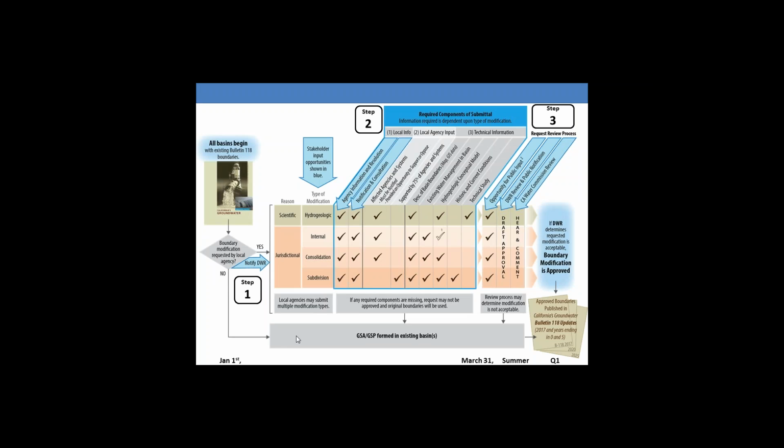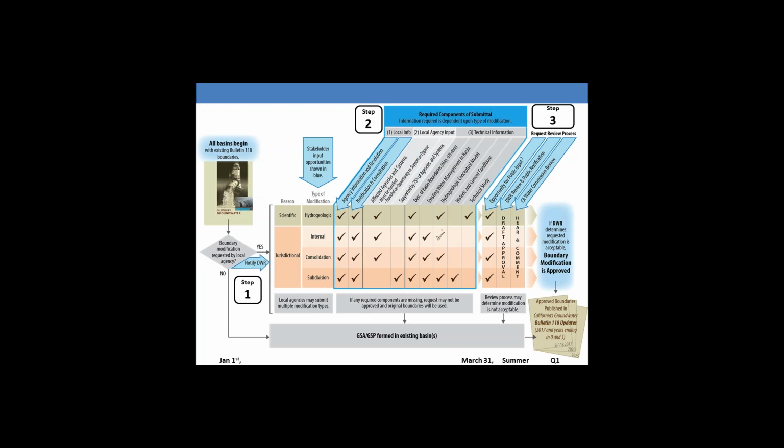Many of these boundary modifications, especially with respect to subdivision of basins and subbasins within the state, can be addressed through the formation of GSAs. So GSAs can develop and formulate their own management strategies and simply need to coordinate within the basin to develop a GSP.